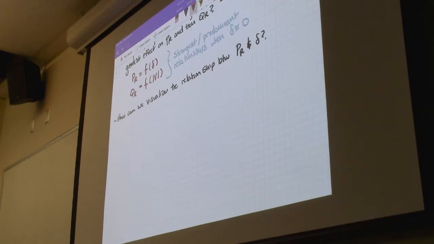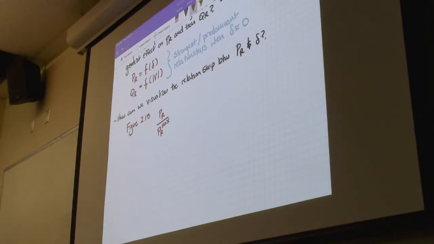We can graph it. What we'll see is, and this is from figure 218 of the text, I'm going to make the y-axis PR over PR maximum.